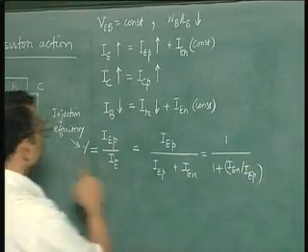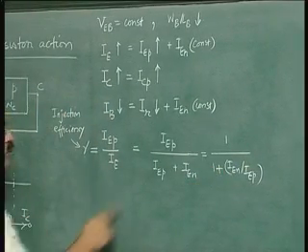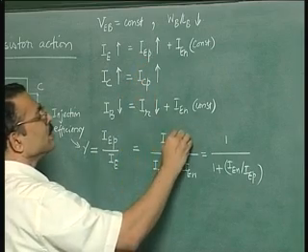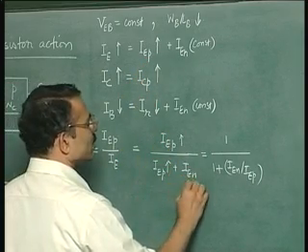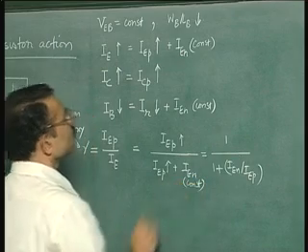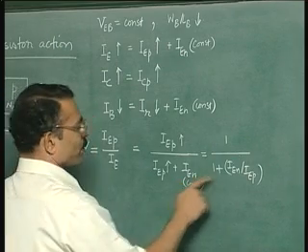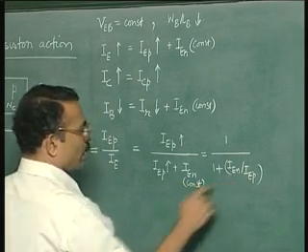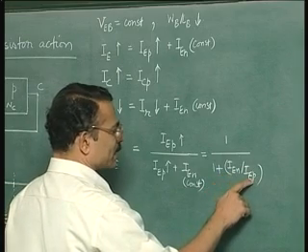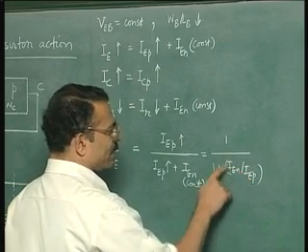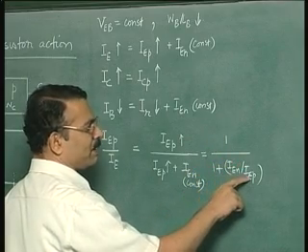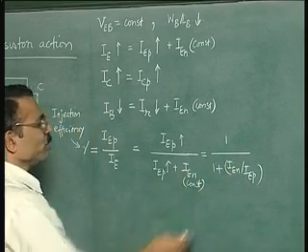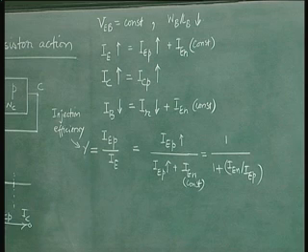Now we can see what is happening to this injection efficiency. You see that IEP is increasing but IEN is constant. So IEN is constant and IEP is increasing, which means IEN by IEP is reducing. So 1 by 1 plus IEN by IEP is increasing. So you find injection efficiency is increasing.